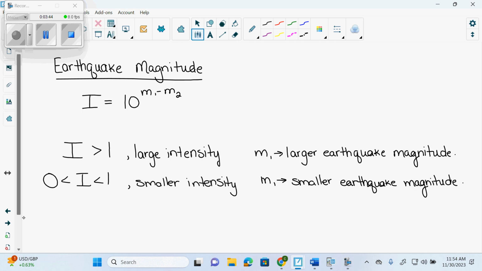So, I equals 10 to the m1 minus m2. Let's talk about a question.